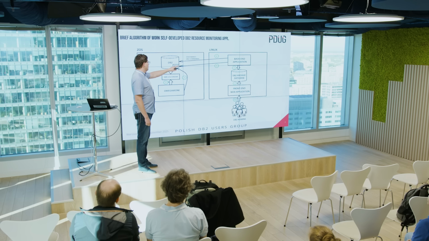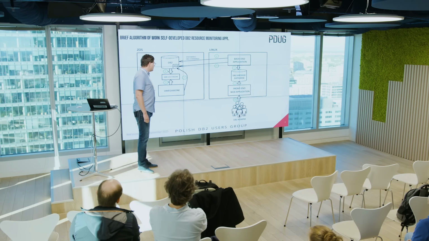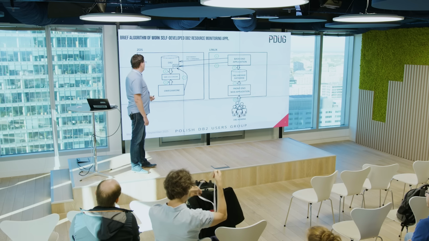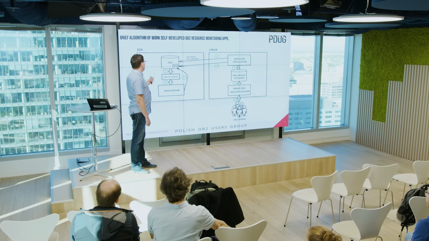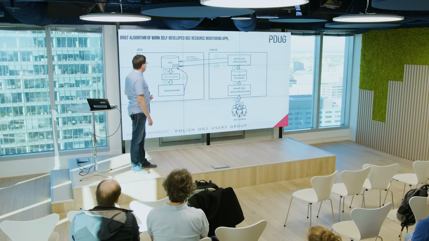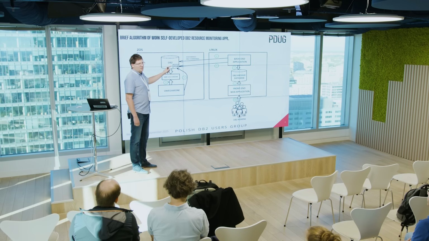The backend application at night connects to the PDB, gets some information from tables, aggregates it, and also runs DB2 commands to get some additional information. Other small applications run every 5 minutes to read the statement cache and fill information about it.